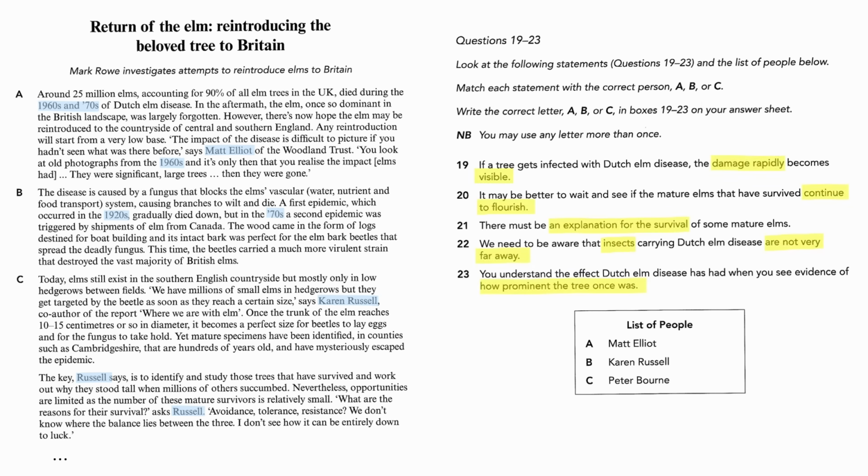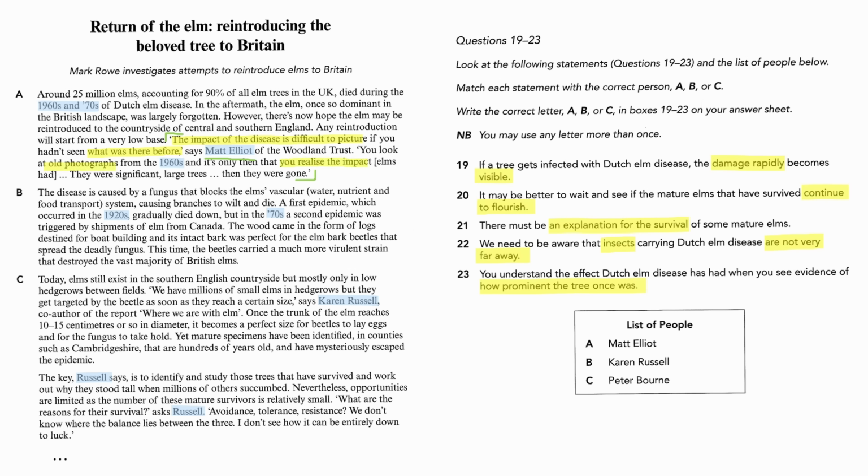And now let's have a look at the first surname, Matt Elliott. And then which quote is attributed to him? Let's find it. So it starts somewhere here and finishes here. And if we read it, we see this. The impact is difficult to picture if you hadn't seen what was there before, and when you see old photographs, you realize the impact.